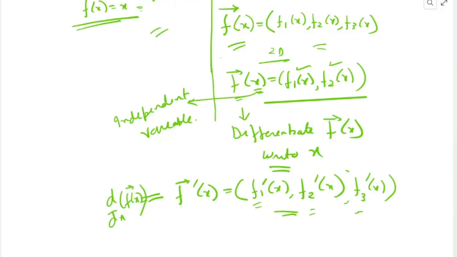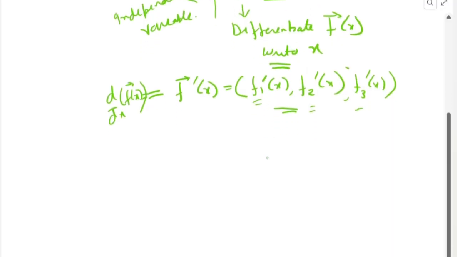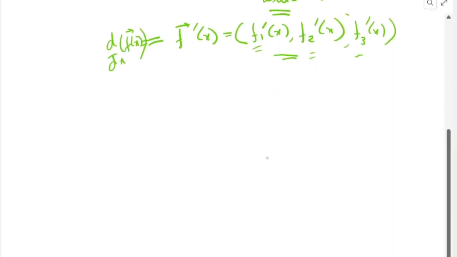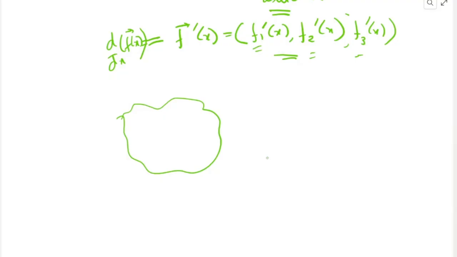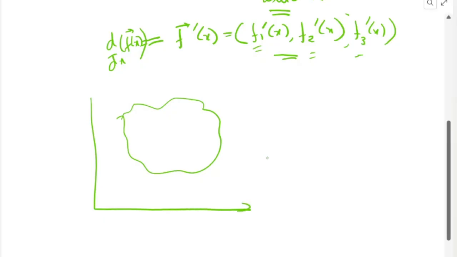Now let us see how this gives us the tangent to a curve. First and foremost, let us say this is our curve. Suppose I am dealing with 2D space, so I have drawn a curve in the 2D space.